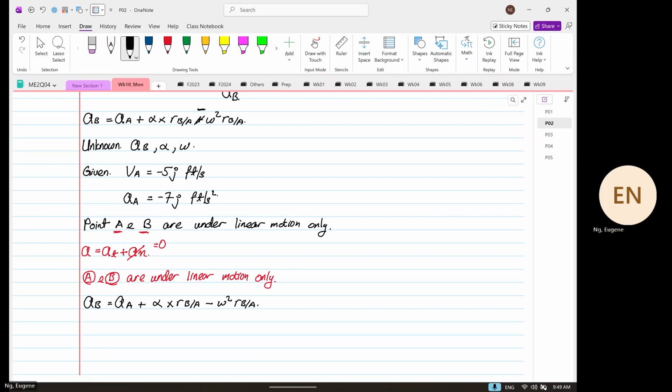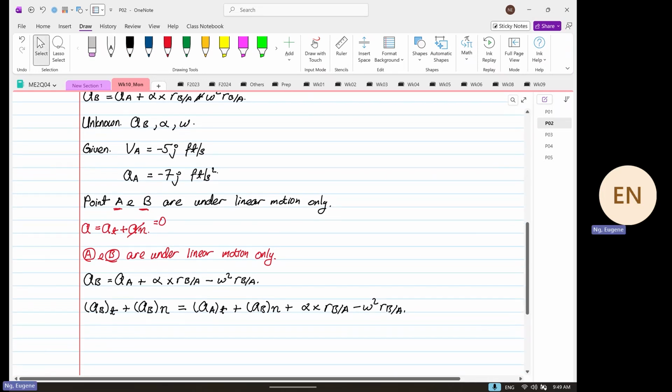In the full-blown form of the acceleration at each point, you have A of point B tangential plus A of point B normal is equal to A of point A tangential plus A of point A normal, then plus alpha cross R_B from A minus omega squared R_B from A.